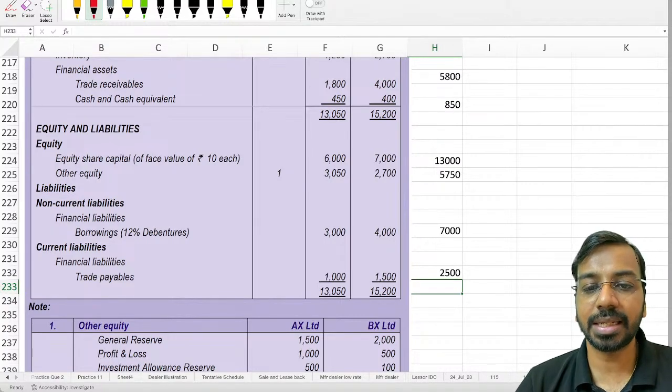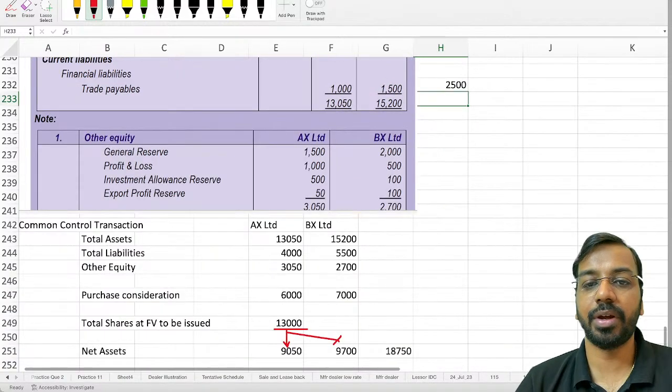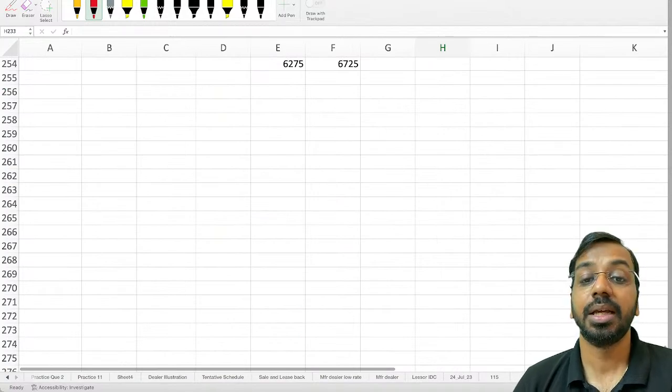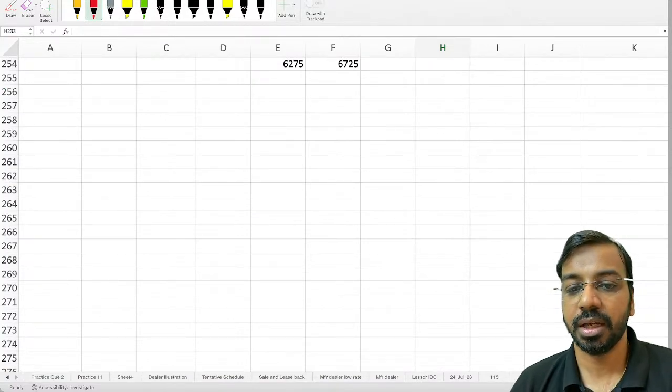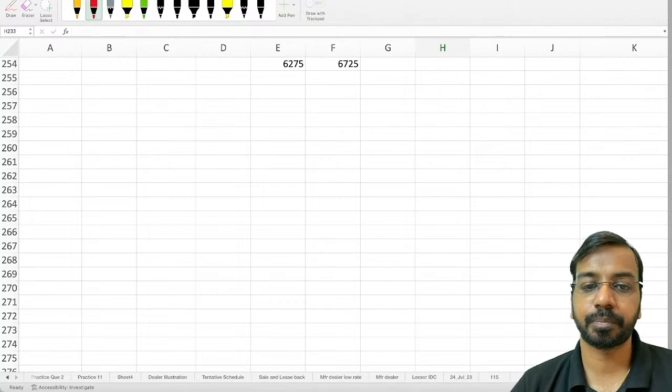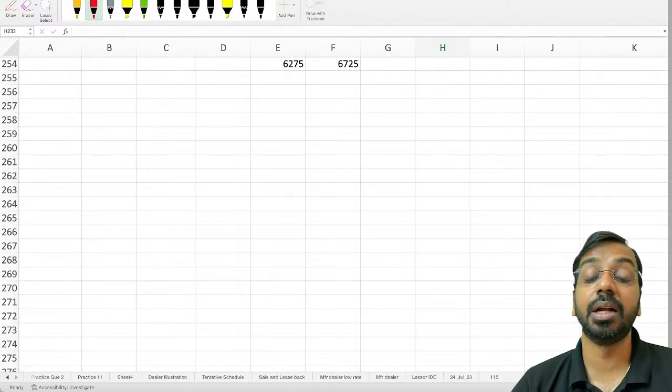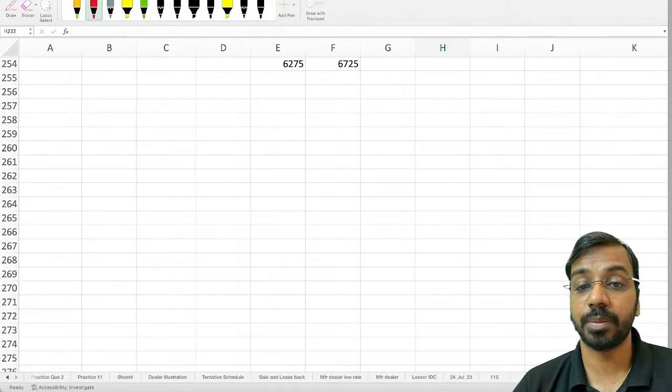Now the second scenario, where the question says that it is not a common control transaction but it is a reverse acquisition. In the reverse acquisition, we need to consider the fair value. So let me just take the fair value of the assets.